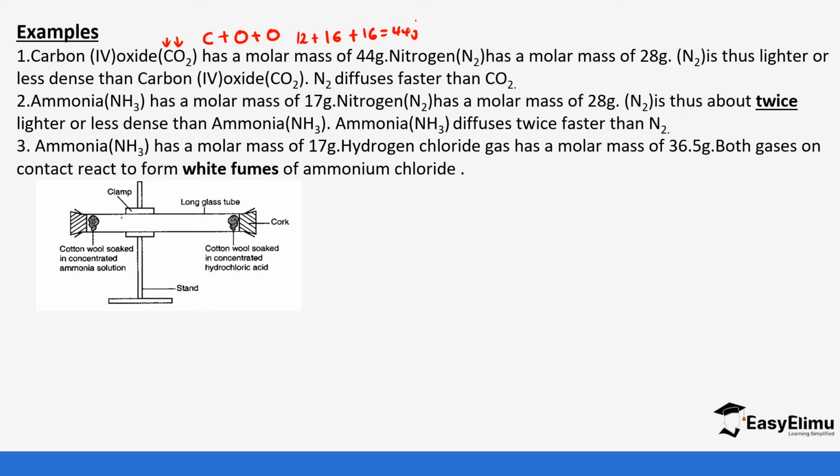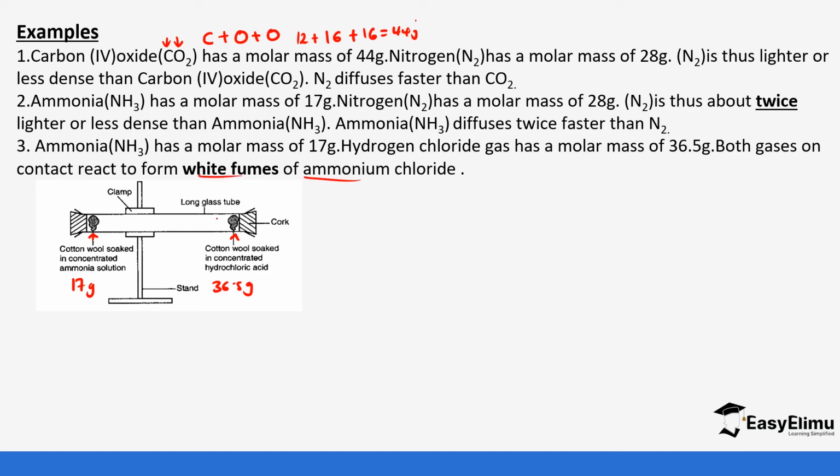Ammonia was placed on one side of a tube, and hydrochloric acid was placed on another side. Remember, we said ammonia has a molar mass of 17 grams, and hydrochloric acid has a molecular mass of 36.5 grams. These two are going to react to form ammonium chloride, and these are white fumes.